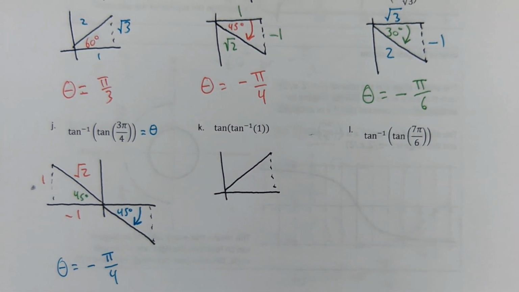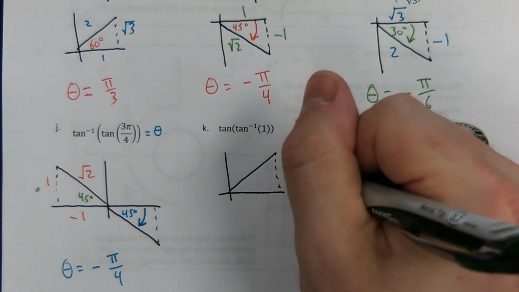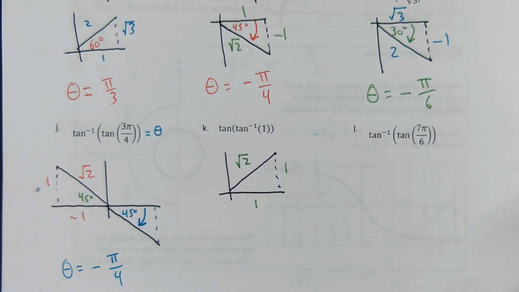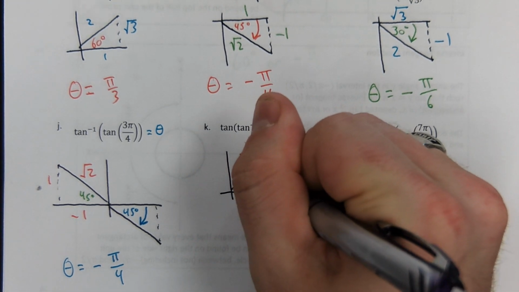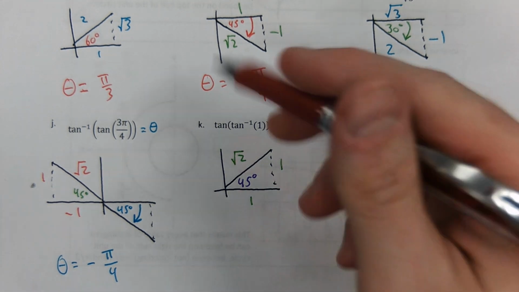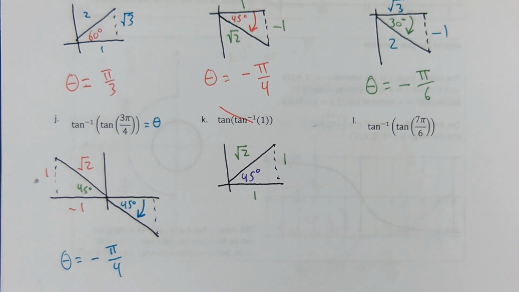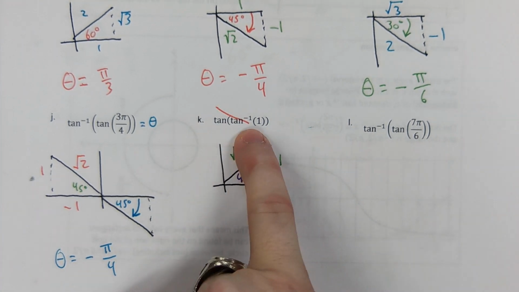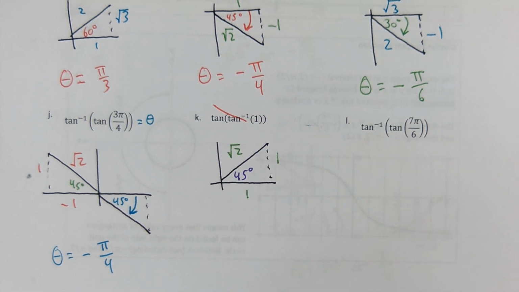In quadrant 1, what's the size of that reference angle? 45 degrees. Oh. They're both allowed to be there. The answer is 1. The question literally says, what is tangent at this angle? It's 1.